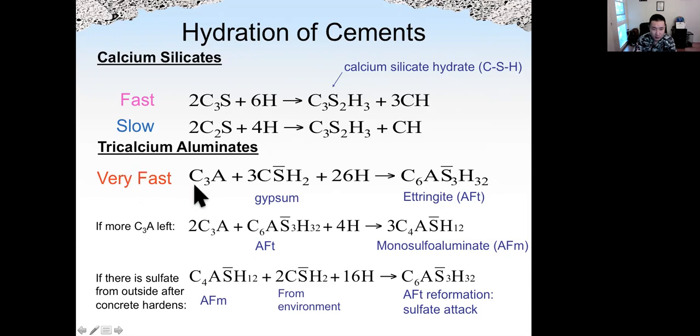The reaction of C3A with water is pretty complicated. And remember, we need some gypsum to slow down the hydration. Even with gypsum involved, the reaction is very fast. C3A plus gypsum plus water will generate the so-called ettringite, or AFt.